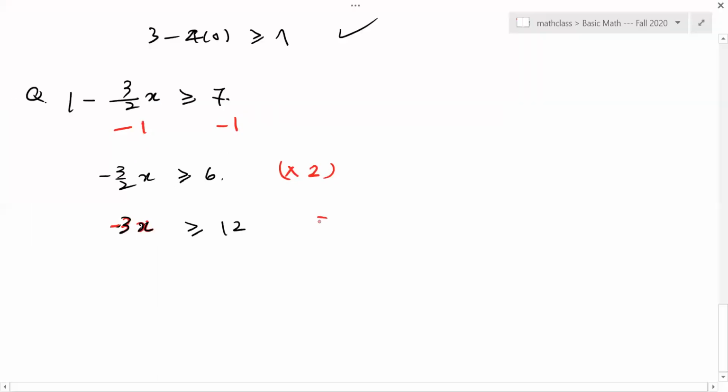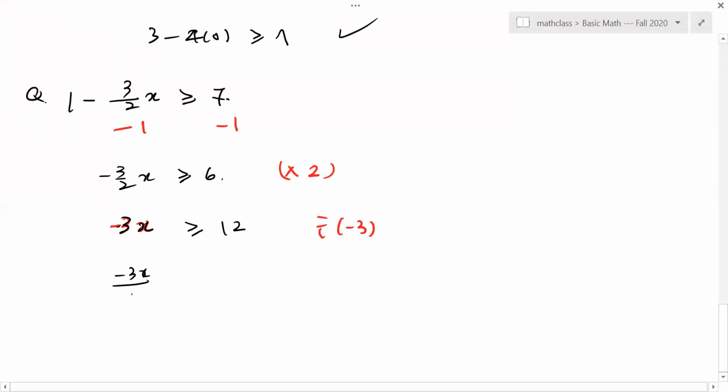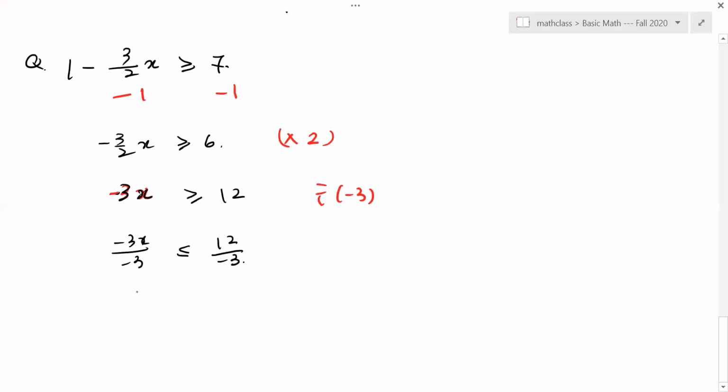Then you divide by -3. Now don't forget, if you divide by -3, you have to change the direction of the inequality. So that is going to be x is less than or equal to -4. So that would be the answer.